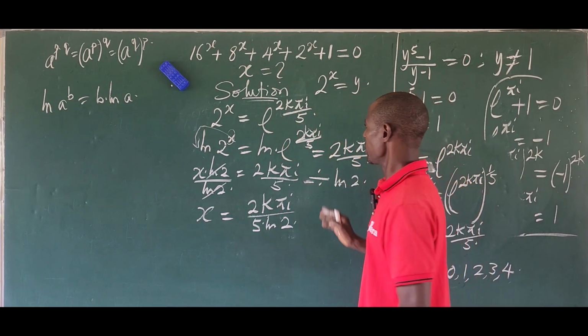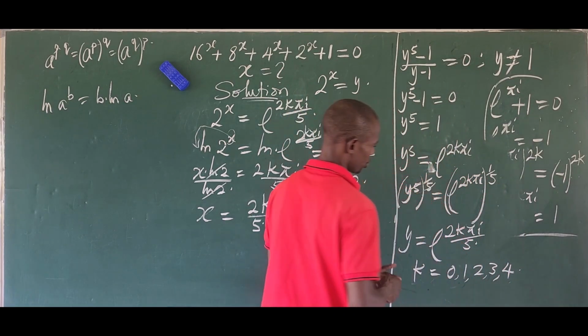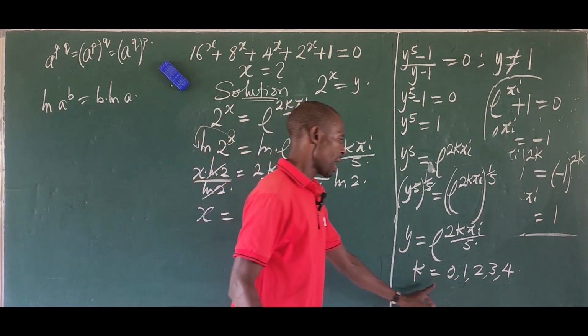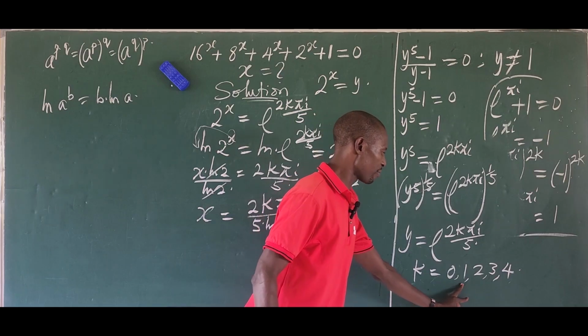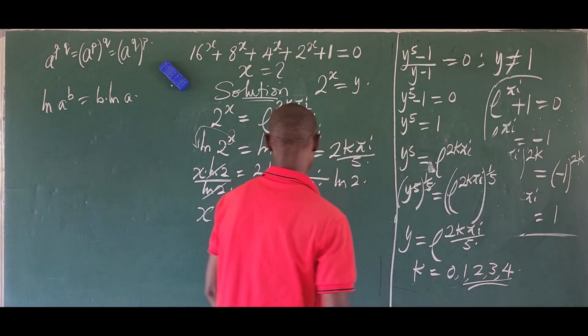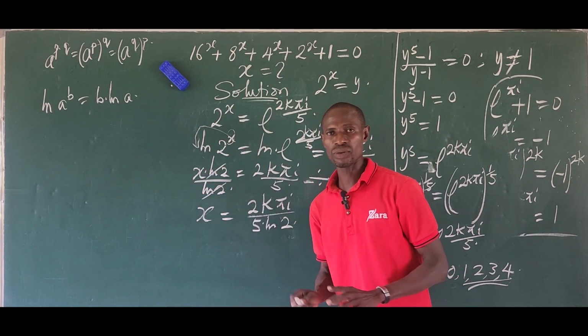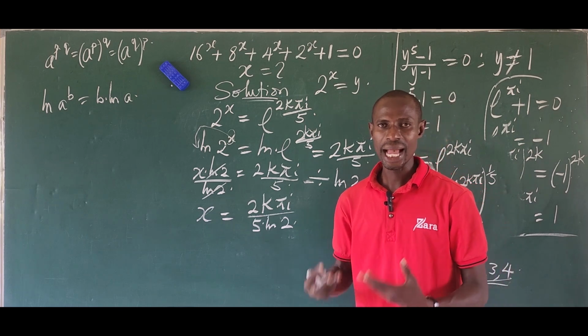But mind you, we have about 5 roots to this challenge here, and we said our k cannot be 0 based on this condition. So we're going to start from this one here. What is now the value of our x1, x2, x3, x4, x5?